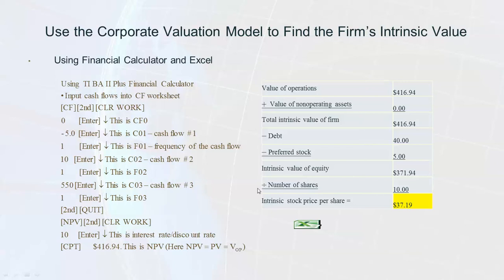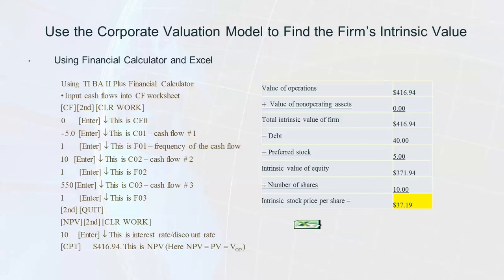Once you find the value of operations, if you have any non-operating assets, like marketable securities, add them. That's going to give you the total intrinsic value of the firm. Since we didn't have any non-operating assets, the total intrinsic value of the firm is 416.94 million.